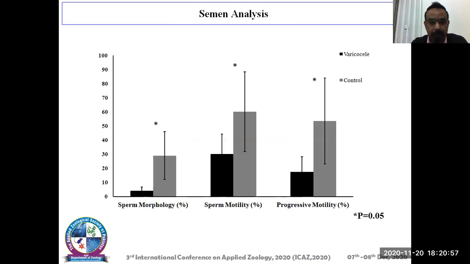The sperm morphology was also significantly decreased. The sperm motility percentage was also decreased. The progressive motility of the sperm in the varicocele patients was also significantly decreased as compared to the healthy controls.